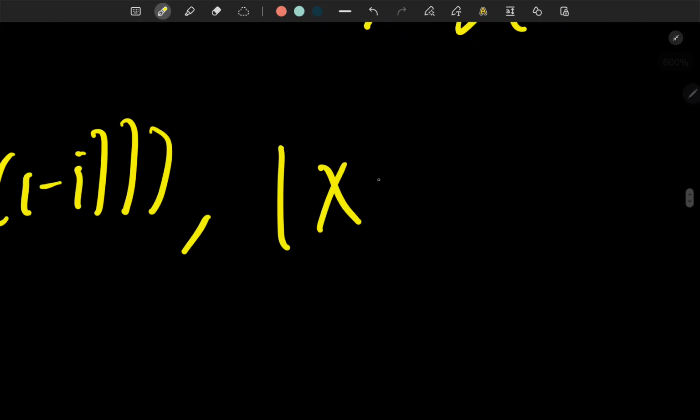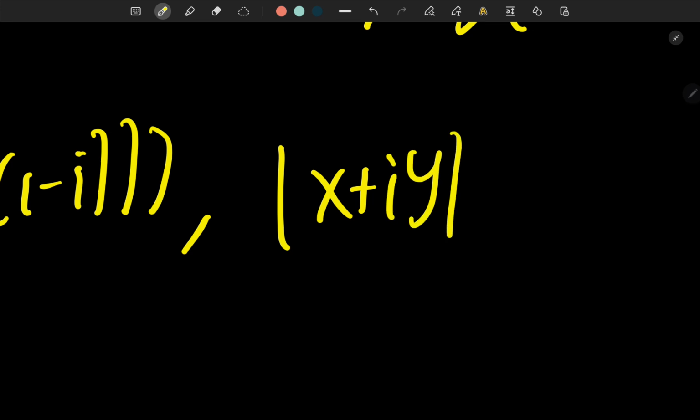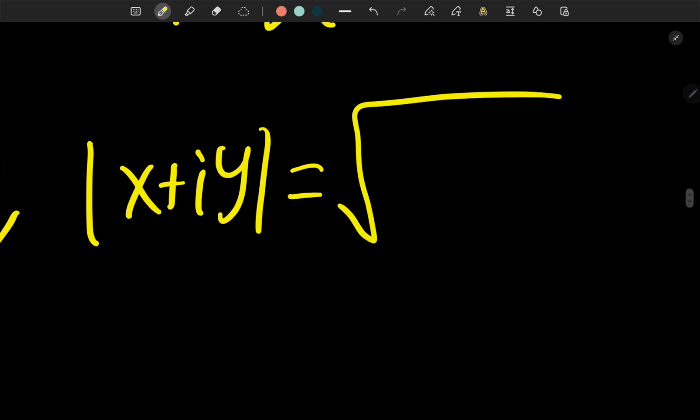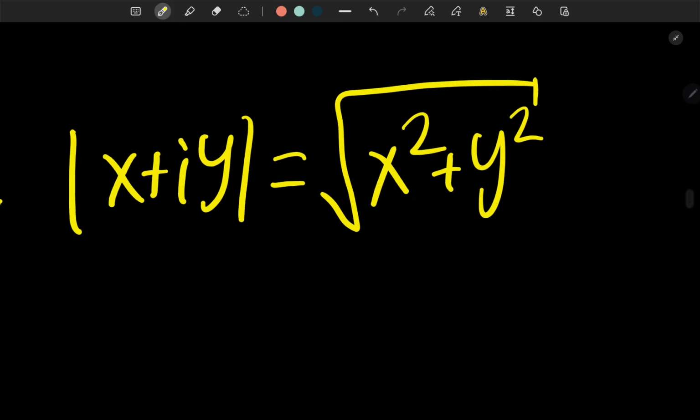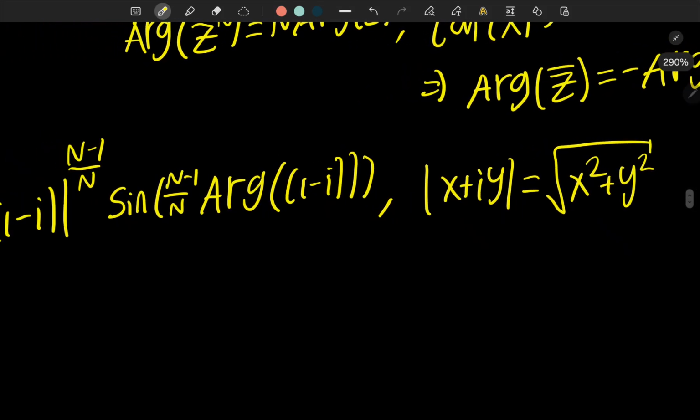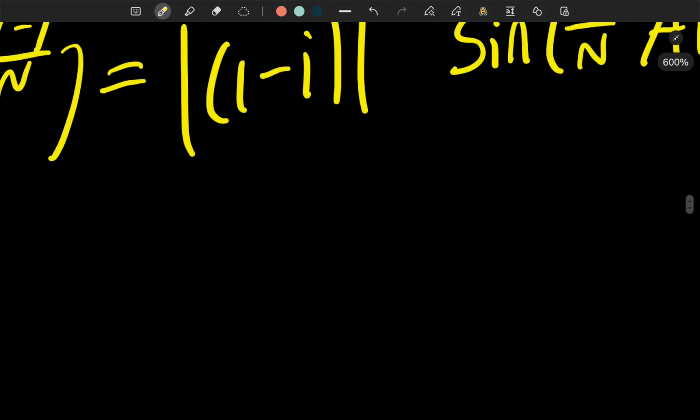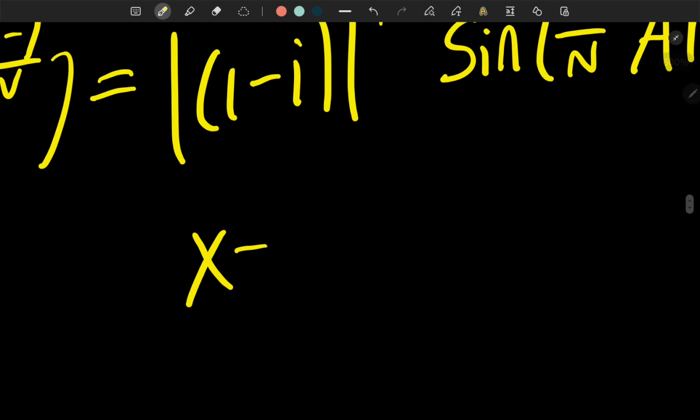But the modulus of x plus i times y is equal to the square root of x squared plus y squared. We can clearly see, in this case, x would have to equal 1, y would have to equal negative 1.